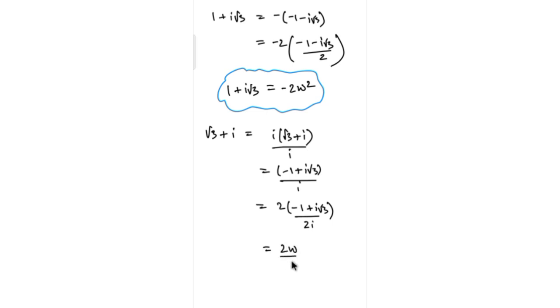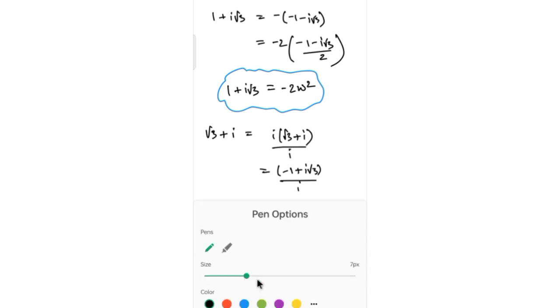So we get 2 omega by i, which we can write as minus 2 omega i square divided by i, because i square is minus 1 and minus into minus is plus. The i gets cancelled and I get minus 2i omega. So this is how I can represent root 3 plus i.